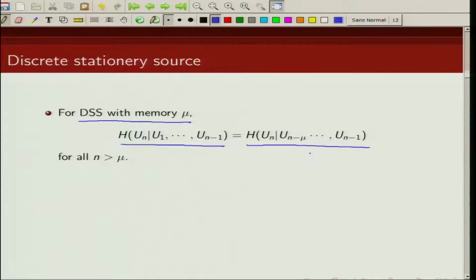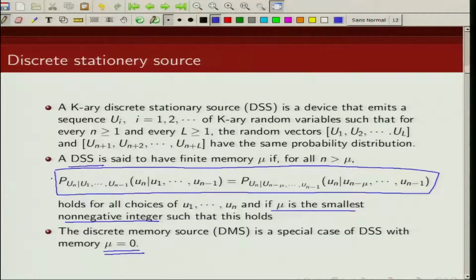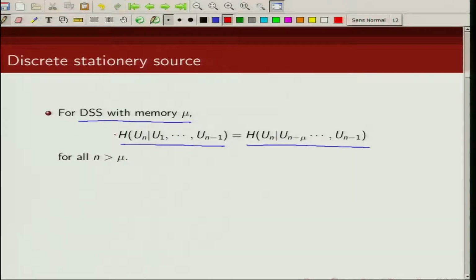This follows directly from the property we stated earlier: a discrete stationary source of memory mu satisfies the condition that P(U_n | U1, ..., U_{n-1}) is the same as P(U_n | U_{n-1}, ..., U_{n-mu}).